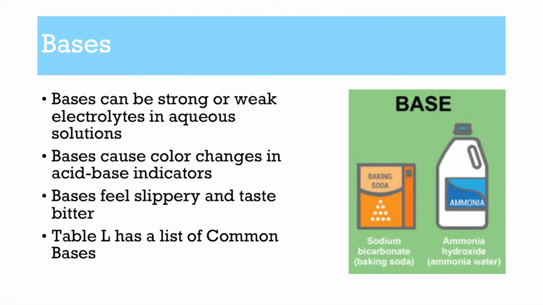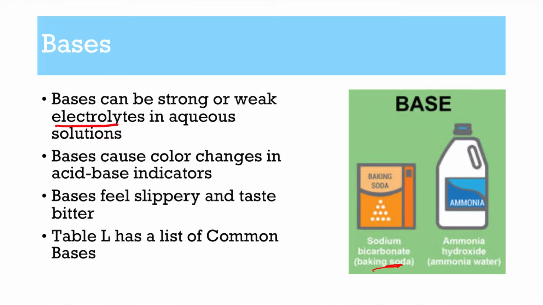Bases, similar in some parts, can also be strong or weak electrolytes. They also cause color changes in acid-base indicators, but obviously a different color change would occur if it was a base. They tend to feel slippery and taste bitter. So if you've ever eaten baking soda, even by accident, or put too much baking soda in something you're baking, you will taste that bitterness.